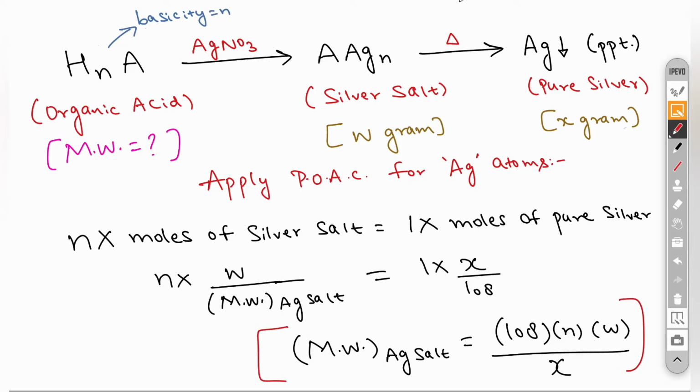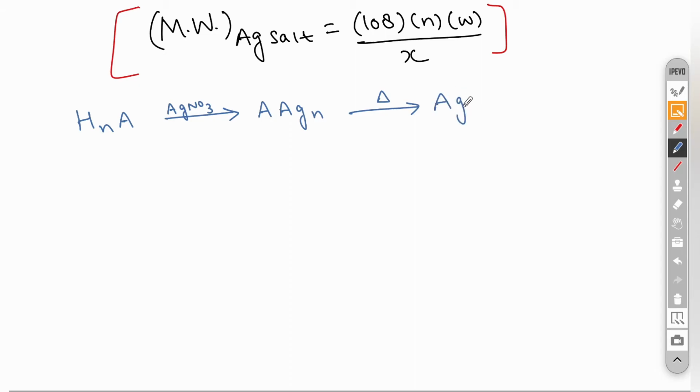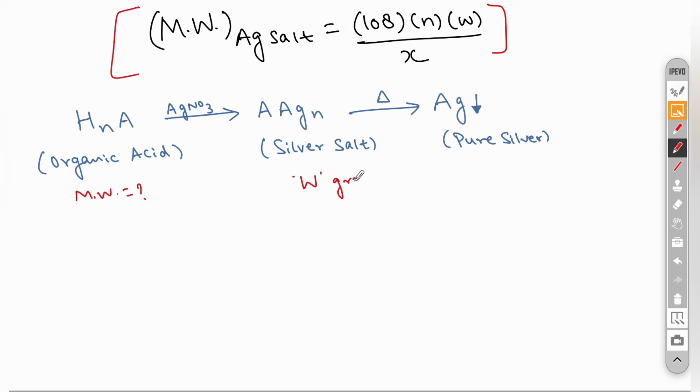We have to find the molecular weight of the organic acid. We had the molecular weight of silver salt equal to 108 times n times W divided by X, and the reaction we had: HnA on reacting with AgNO3 forms AgnA, which on heating gives silver as precipitate. This was our organic acid, this is the silver salt and this is pure silver. I am writing this again so you better understand how we calculate the molecular weight of the organic acid.